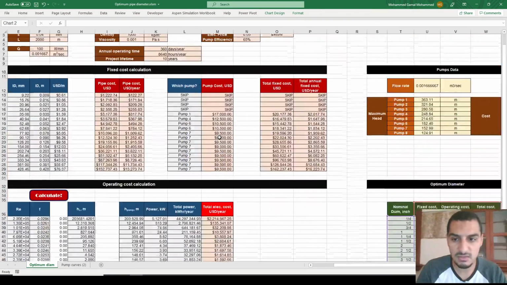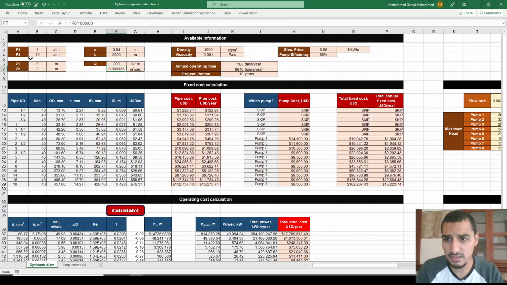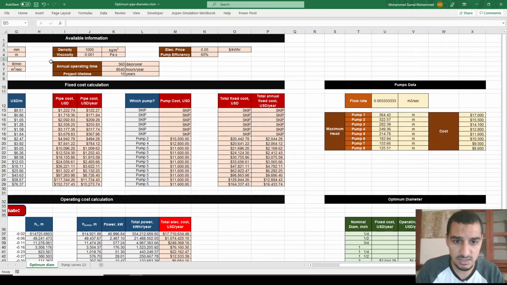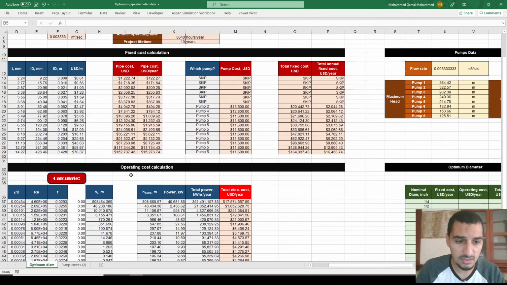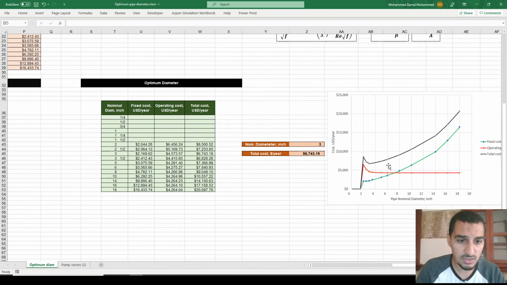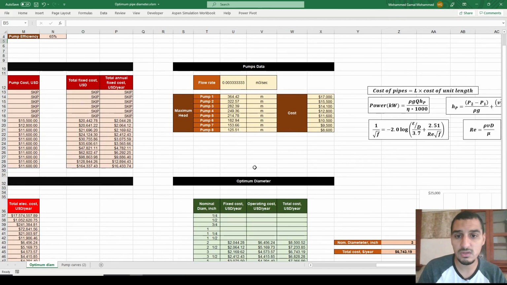You can change the value as much as you want, and it's not going to make any difference. If I make it 100 and maybe change the outlet pressure to like 20, for instance, then it's going to calculate everything for you. It's going to calculate the losses, calculate the diameter, give you the optimum, and draw the curve. Everything is going to be calculated automatically without worrying about anything.